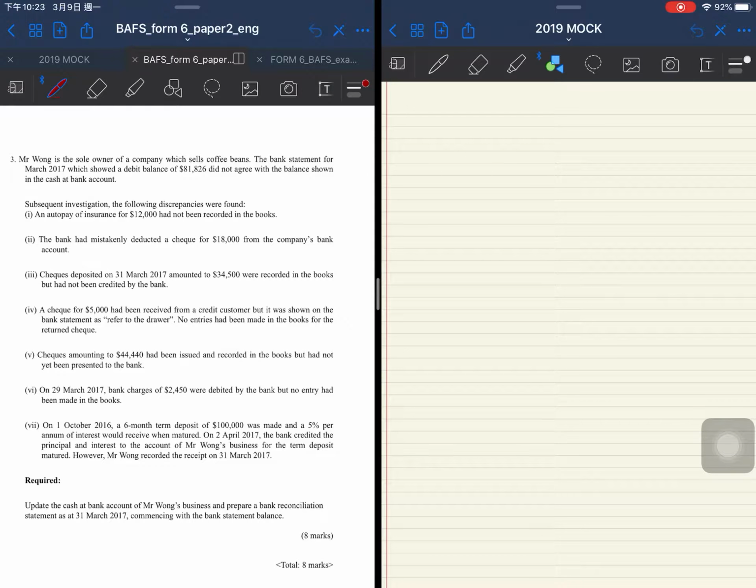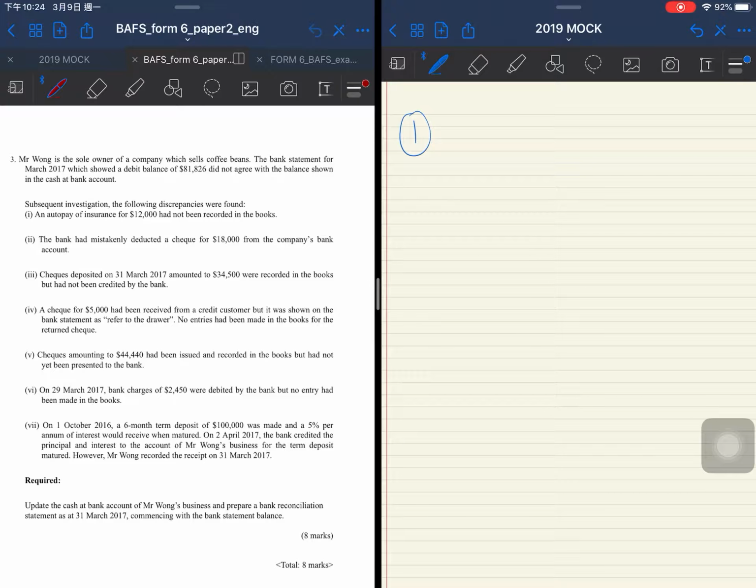Okay, this is question 3 of our mock exam, the bank reconciliation statement. During this chapter, we have two ways to do the bank reconciliation statement.